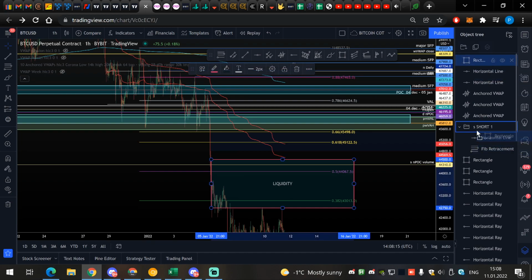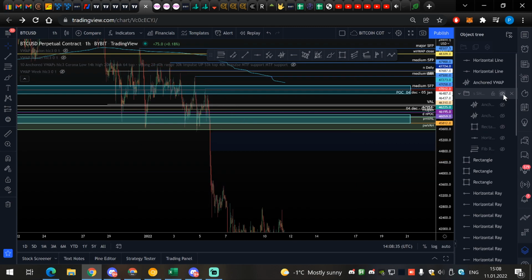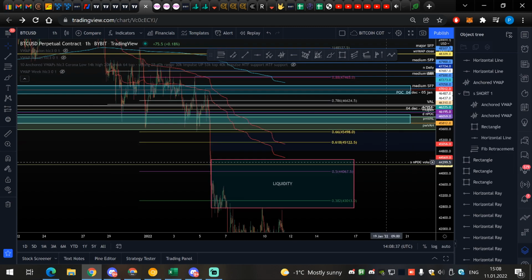Rectangle can go in. Anchor VWAPs. Those two. Nice. Okay, and I will be copying single prints.